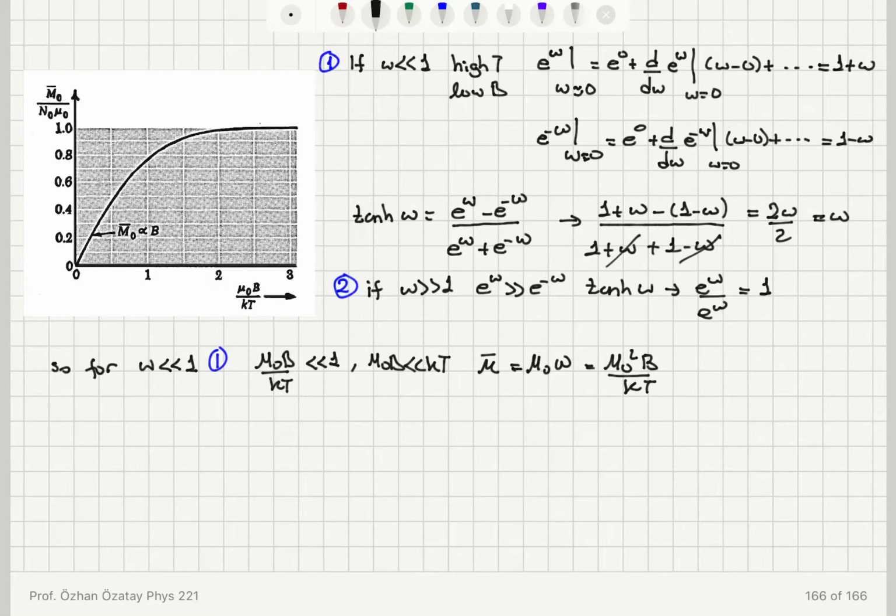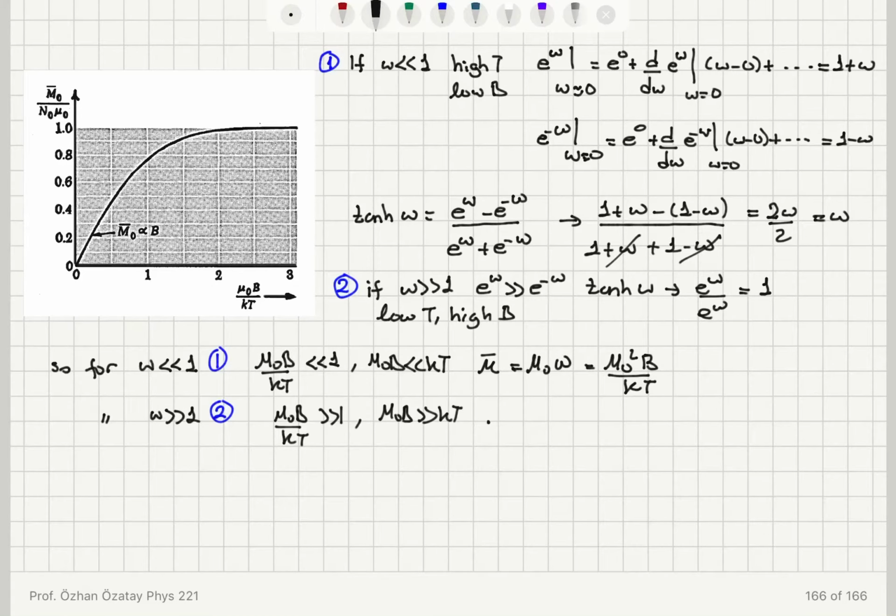For omega much greater than 1, the second limit, where I have mu 0 B over kT much greater than 1, or mu 0 B is much greater than kT, this is the low temperature, high magnetic field limit.